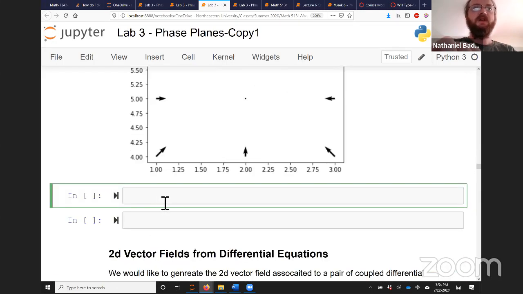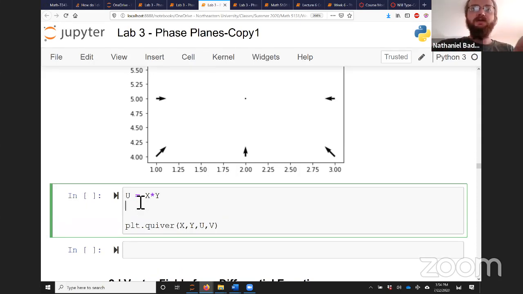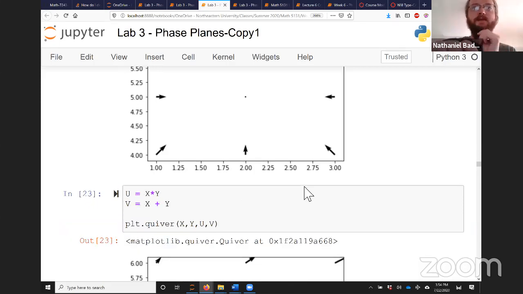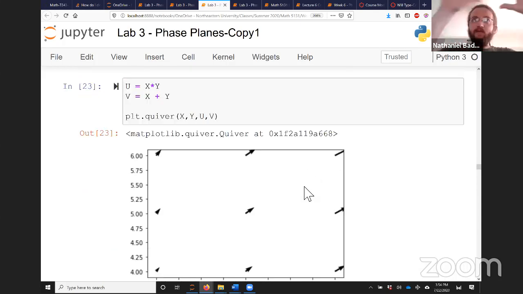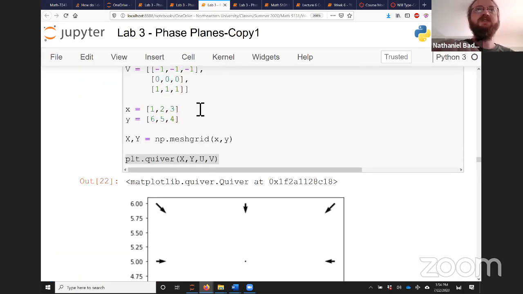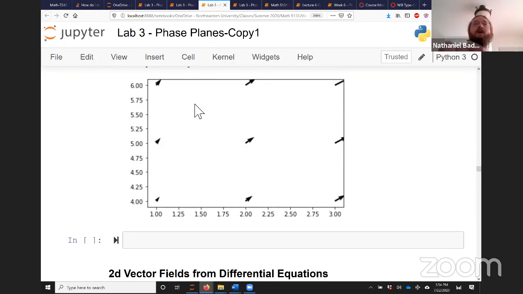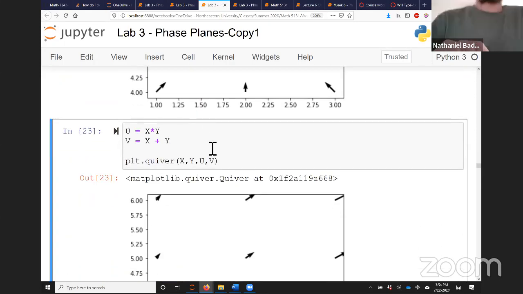So for instance, if I wanted to say u equals x times y, and v equals x plus y, we can use this to do all of our computations, and each of these operations will be done component-wise. Even though this looks like a matrix, it will not be interpreted as a matrix by NumPy, since it's not a matrix type object. So all of these will be done component-wise.